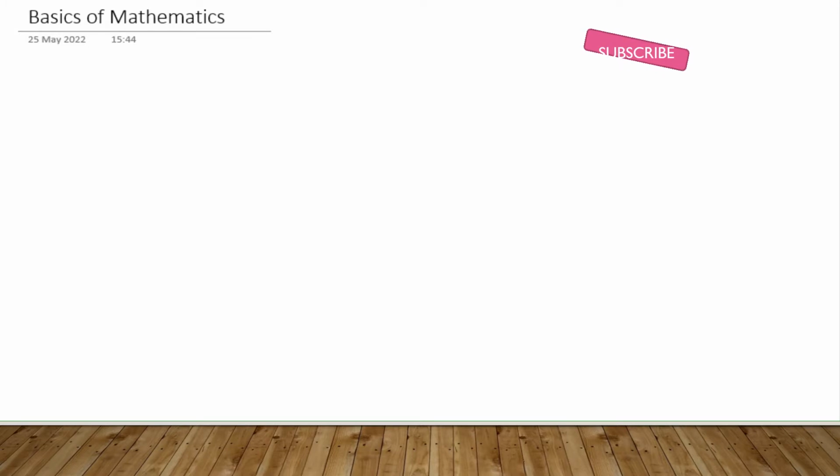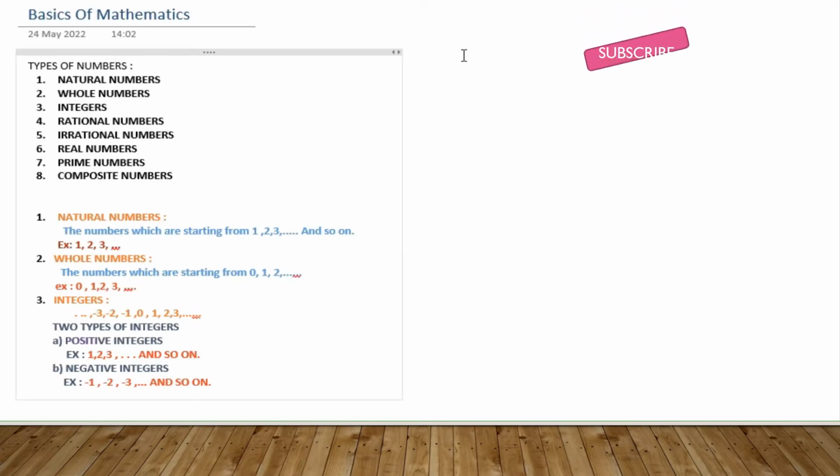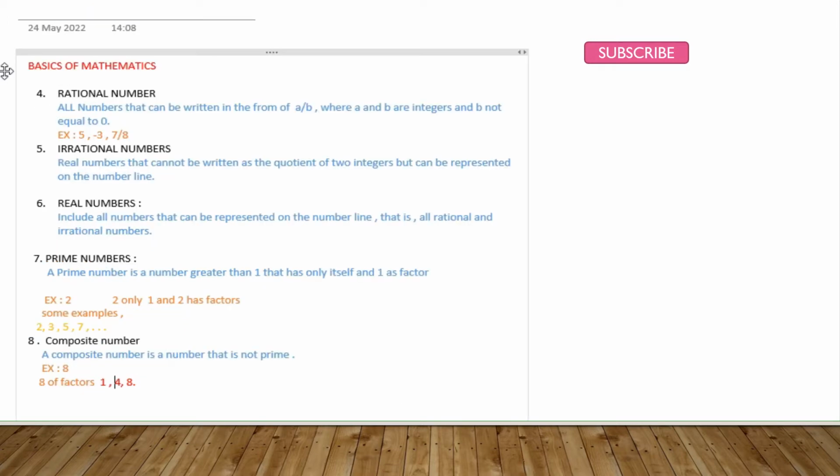I am going to continue the previous classes. Let us recall them once. In the first class, I explained types of numbers: natural numbers, whole numbers, integers, rational numbers, irrational numbers, real numbers, prime numbers, composite numbers. This is also basics.